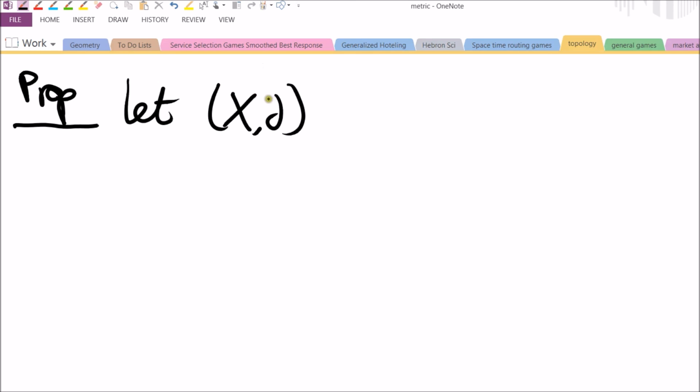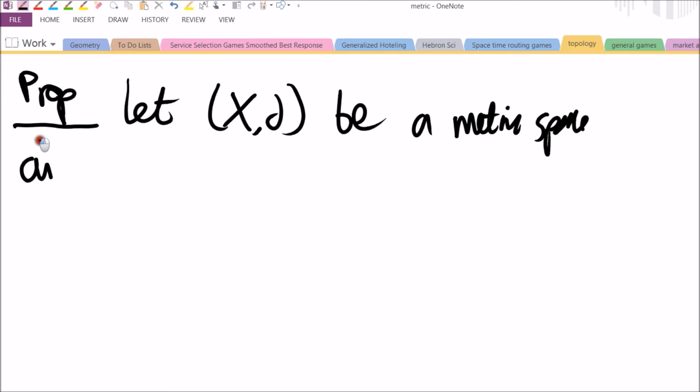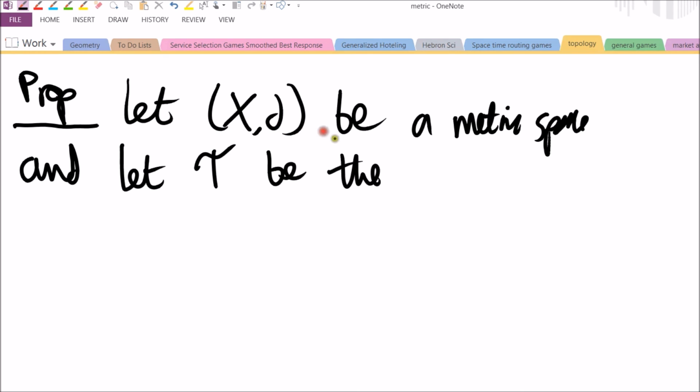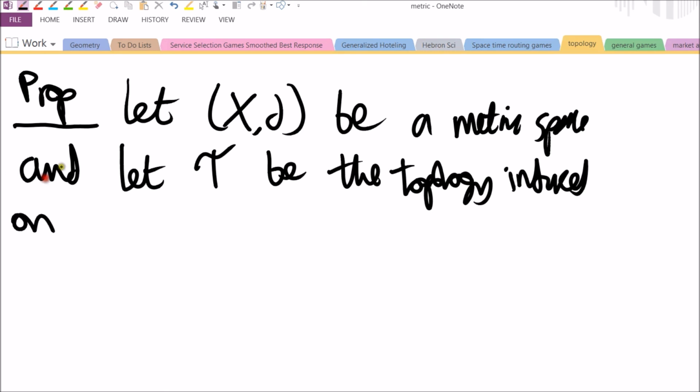We'll let (X, d) be a metric space, and let tau be the topology induced on X by this metric d.